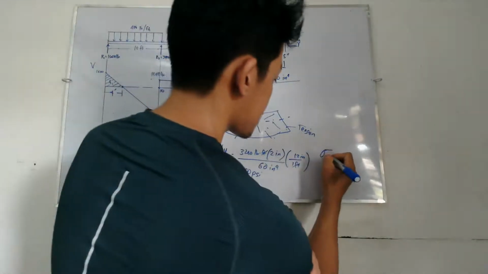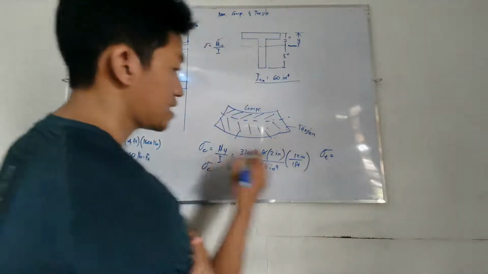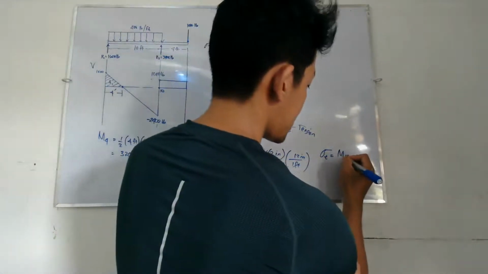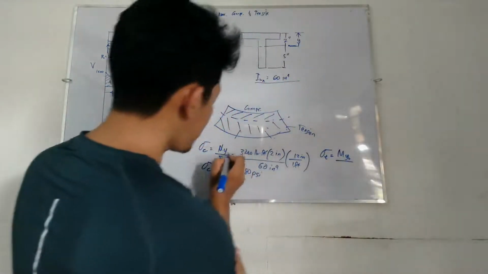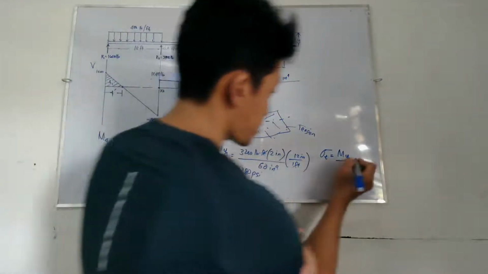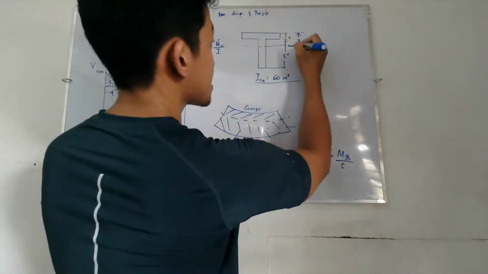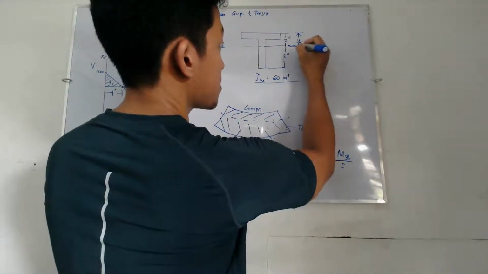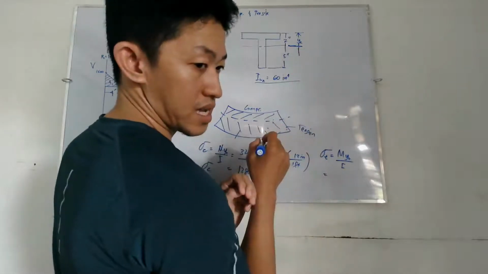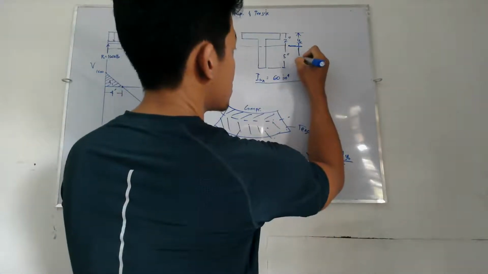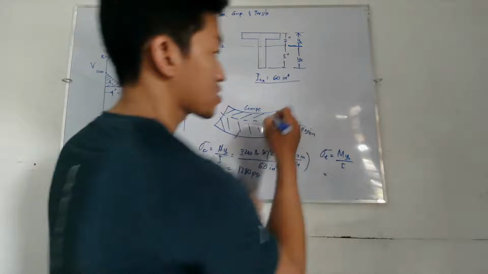Tensile stress. Again, My over I gihapon pero lahi na ni nga y. Y, ibutang lang nato ang yc, kani yt. Kana nga y is from neutral axis padong diri sa ubos.